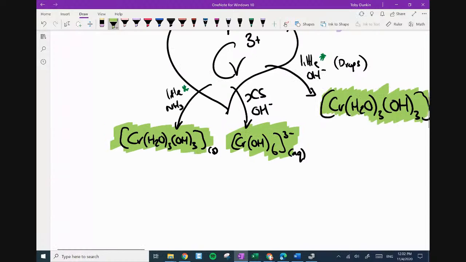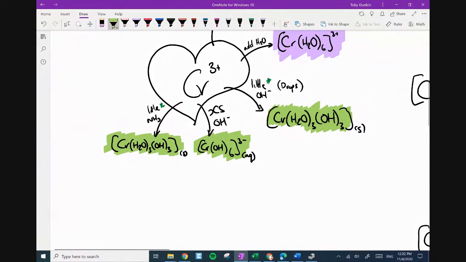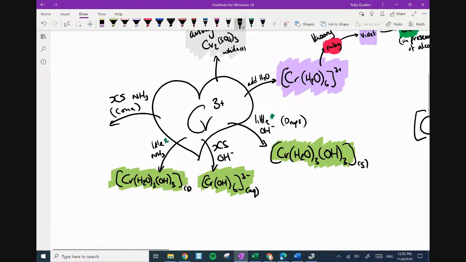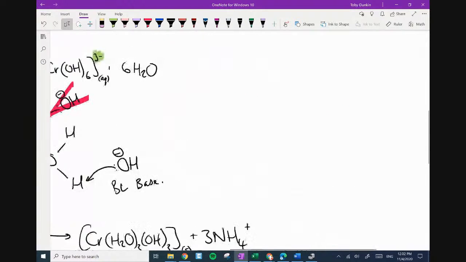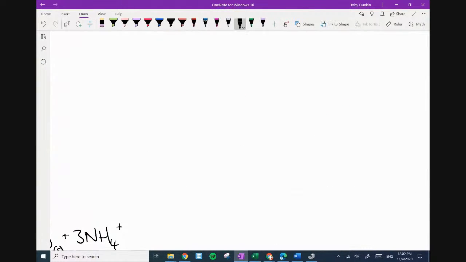Now we're going to add excess ammonia, and of course it's going to be in the form of concentrated. Unlike copper, and copper did something really weird.